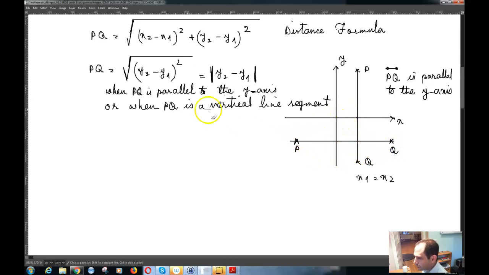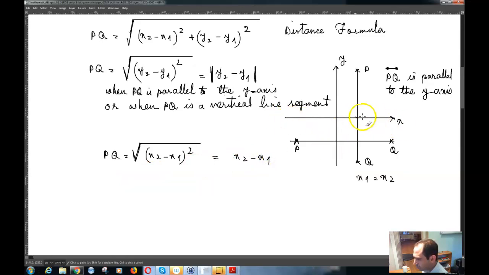In that case, of course, you know that your y is not changing, so this part becomes 0. Then PQ becomes the square root of x2 minus x1 whole squared, and that is equal to basically x2 minus x1.